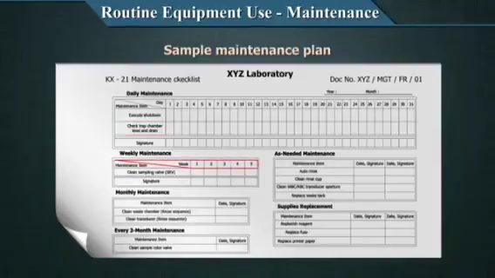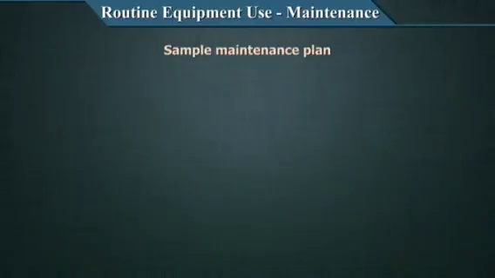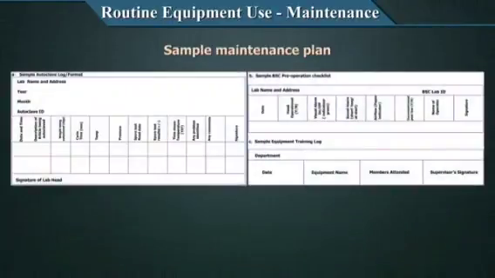Again, weekly maintenance: there are 4 weeks in a month, maybe 5 Mondays. So from every Monday to every Monday, there are certain tasks to be done which will be done and checked off. Following that, there will be monthly maintenance schedules, and everything should be documented. Here is another example of an equipment cleaning and decontamination format.